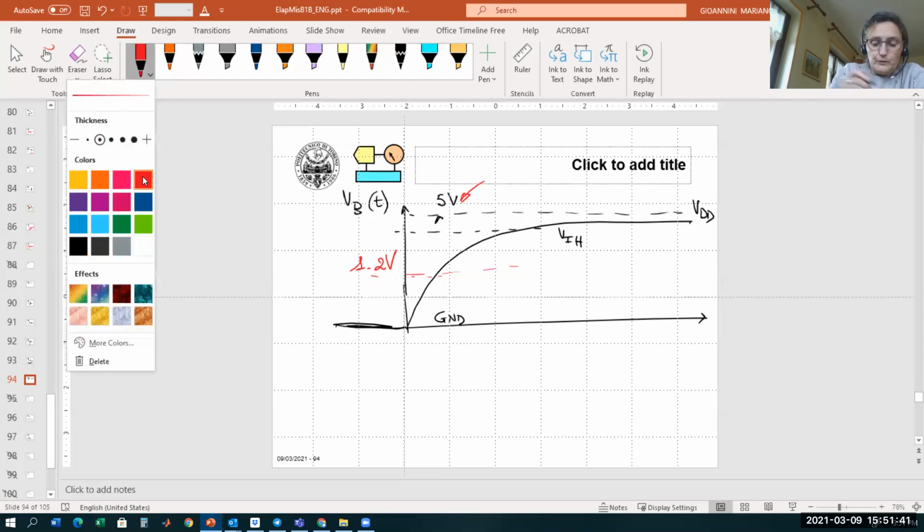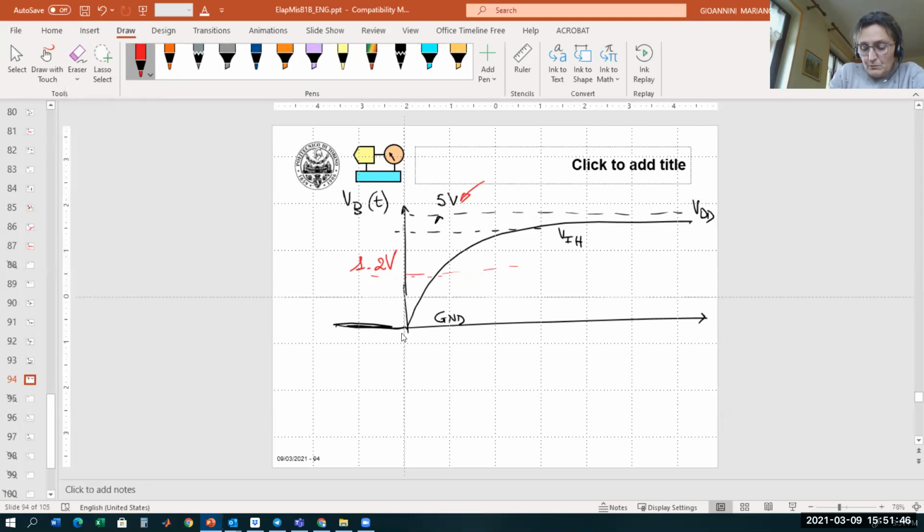If now we rely on another technology with a smaller VDD, you see you will reach the VDD faster because the excursion between ground and the high state is reduced. Okay, so a method for making circuits faster is reducing the voltage supply VDD.